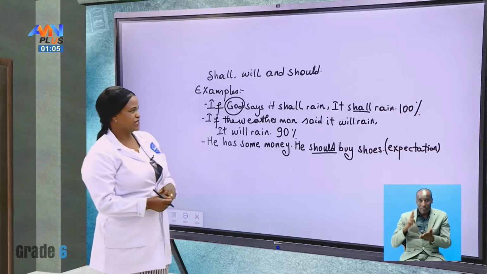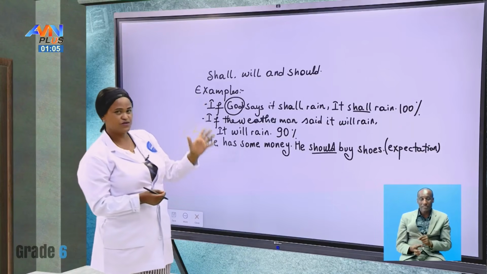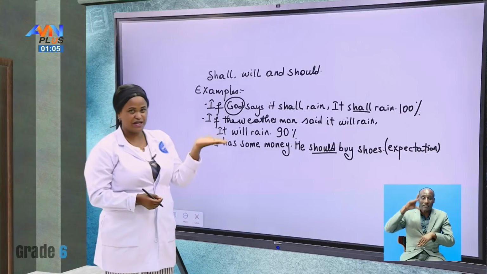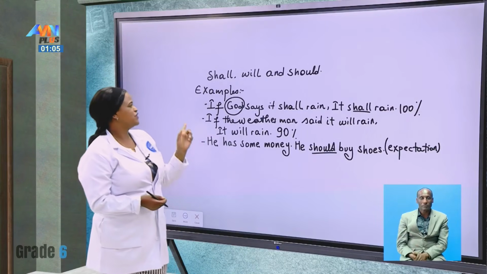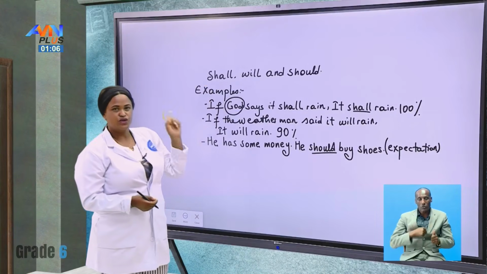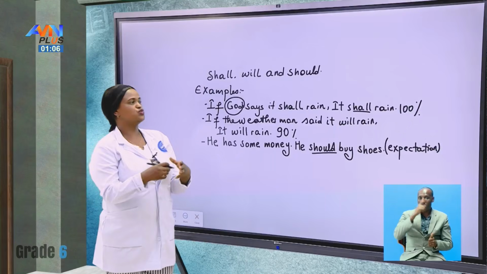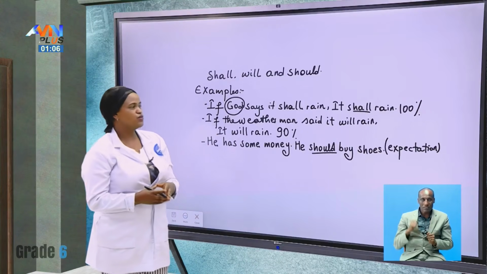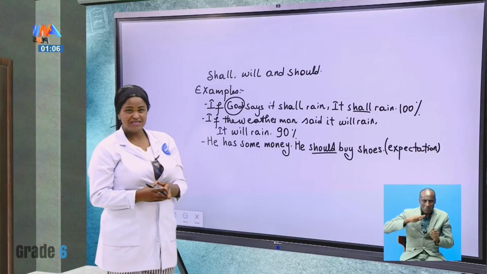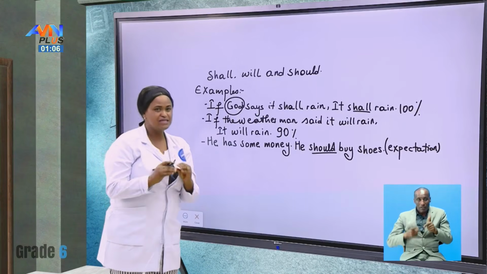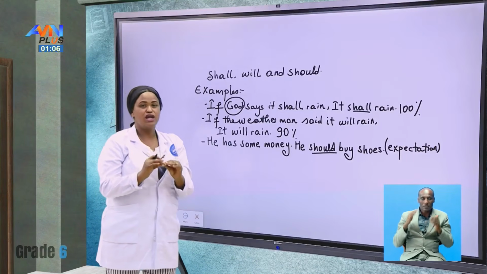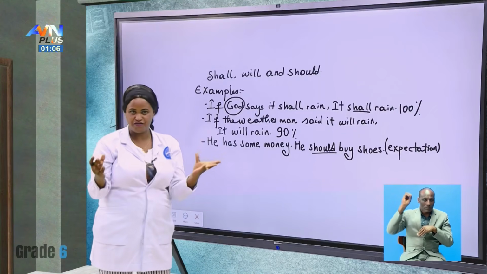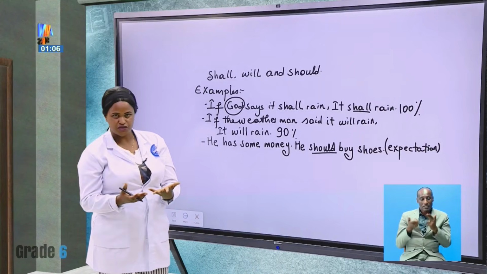Now, do you understand or can you tell the difference between these three? The possibility of these three is above half. If you see the first one, shall, we use it for a possibility which we believe is 100%. And for the second one, will, the possibility is a little bit lower than the first one, but the certainty rate is above 50, which is 90%.